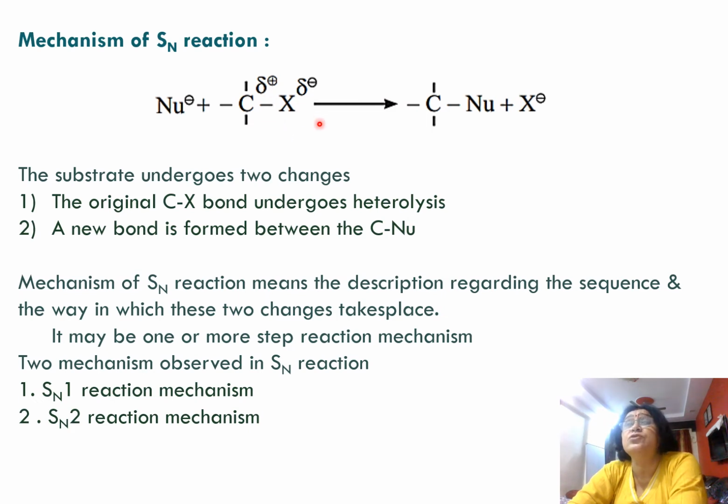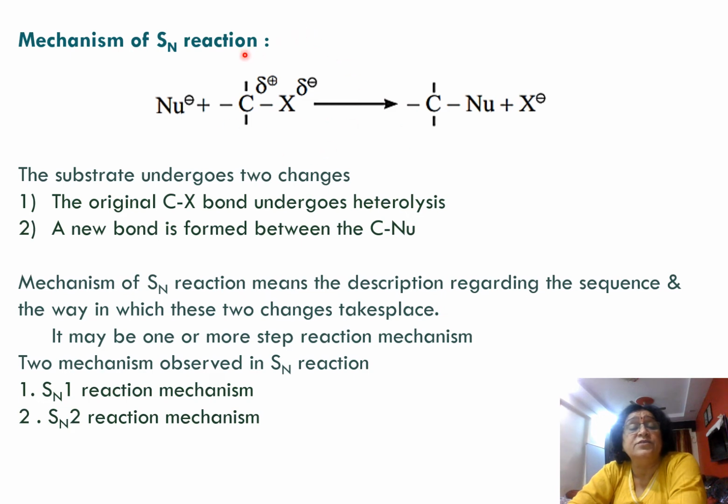It pulls the electrons towards itself and gets a delta negative charge. Carbon gets a delta positive charge and the bond becomes polar. So then the halide ion is replaced by the nucleophile. A stronger nucleophile takes the position of a weaker nucleophile and does the substitution reaction.